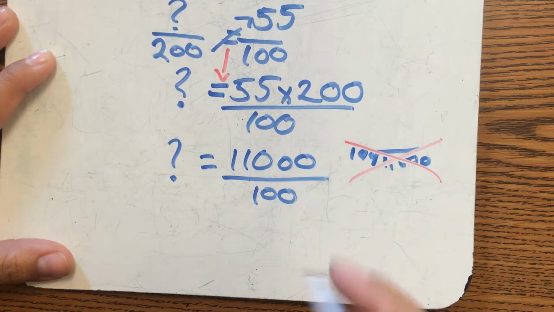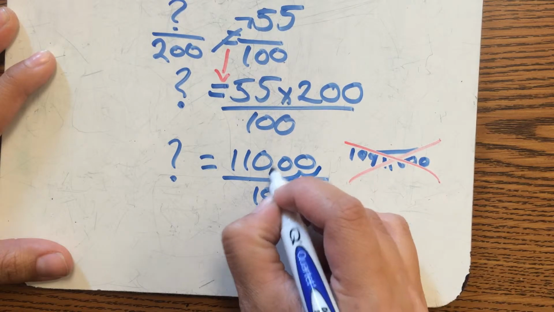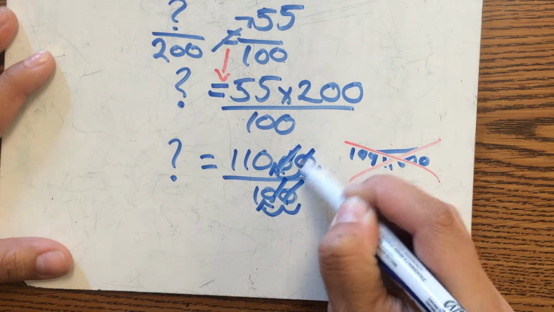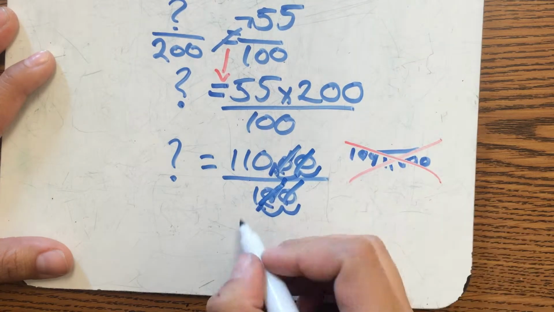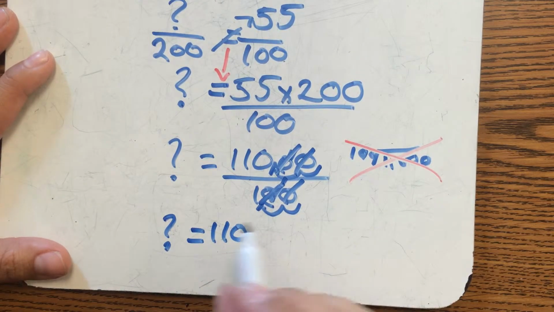Don't waste your time. Just move 2 decimal places this way and 2 decimal places this way. In other words, cross off the last 2 zeros. You end up with question mark equals 110.